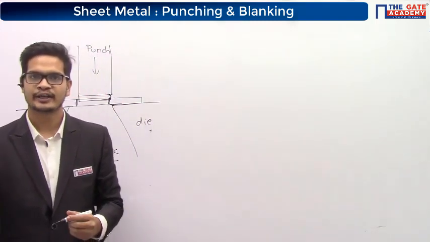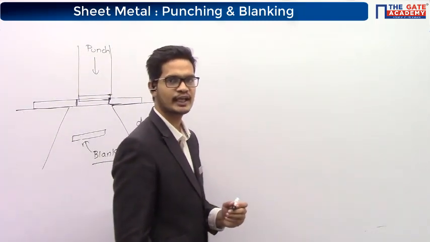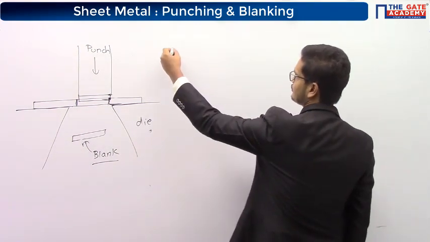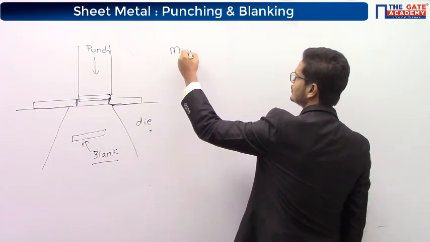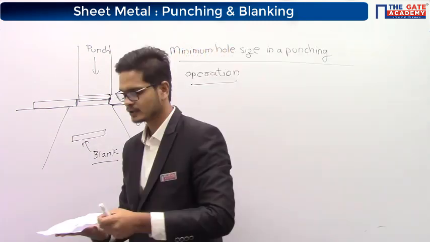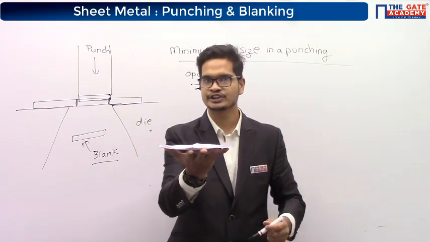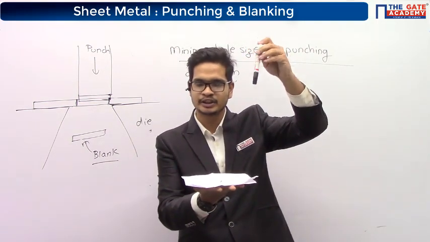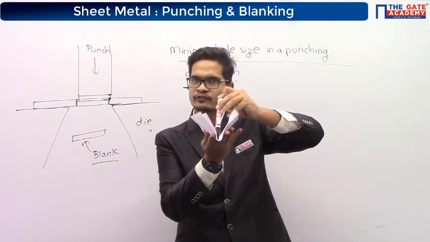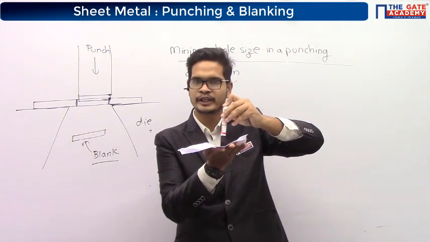Let us see the minimum hole size that can be produced in a punching operation. Let's suppose this is a sheet metal and this is a punch. So you are applying some force for making the hole.